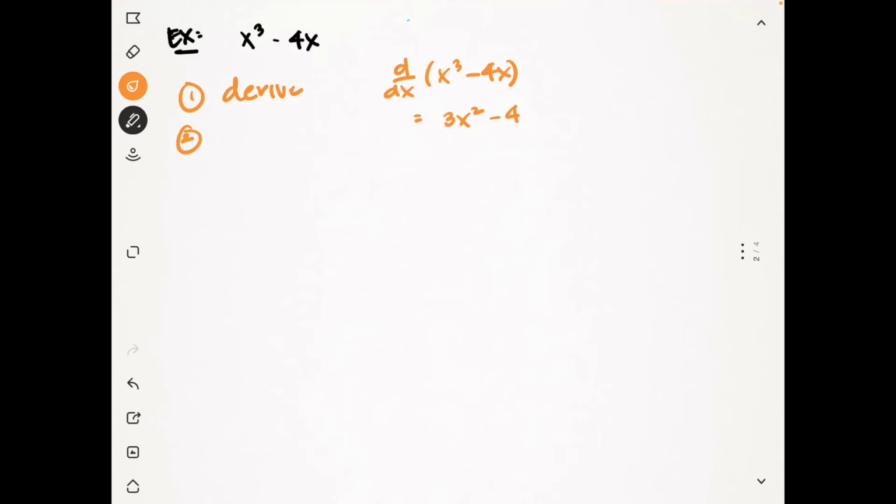Okay, so what we're trying to do here is find the boundary. So we're going to find where the derivative is equal to 0. We're going to set it equal to 0 and solve it.